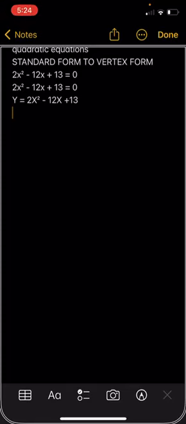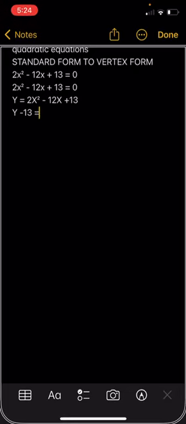Good. So now, before we actually go into turning this into a perfect square, let us first of all subtract 13 from both sides in order to get rid of the constant term from the right-hand side. So we write this here as y minus 13 because we're subtracting 13 from this side as well.